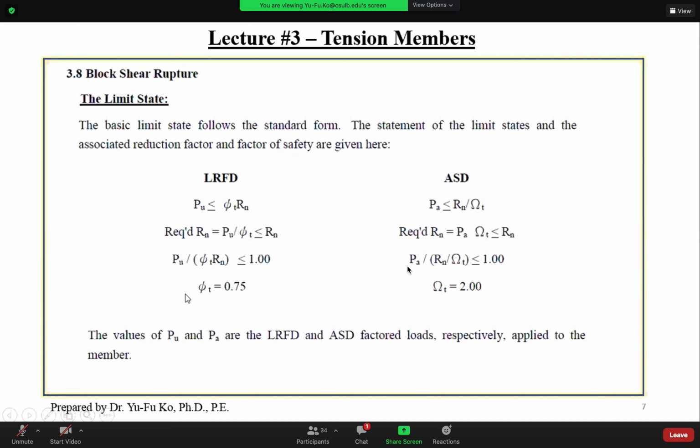Your phi, like I said, is 0.75 in this case. For ASD, the demand from the service load combination should be less than or equal to the nominal block shear strength divided by omega. Omega is the factor of safety, equal to 2. So this is what we call allowable strength.